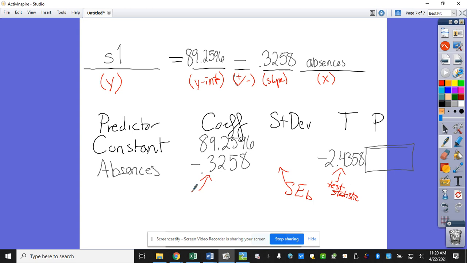What's that one? What's this? For our class, we do not use this. Now, if for some reason they give you some crazy question on the exam and ask what the test statistic for the intercept would be, that's what it would be, but we don't deal with that.